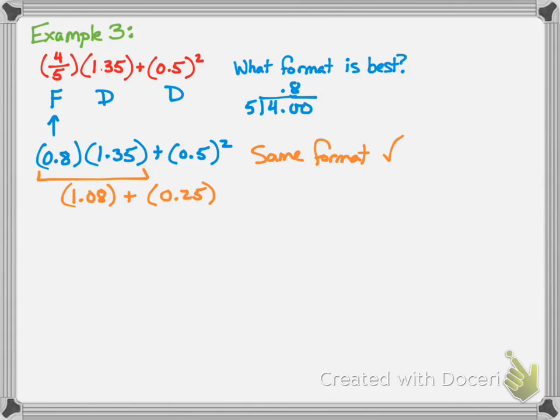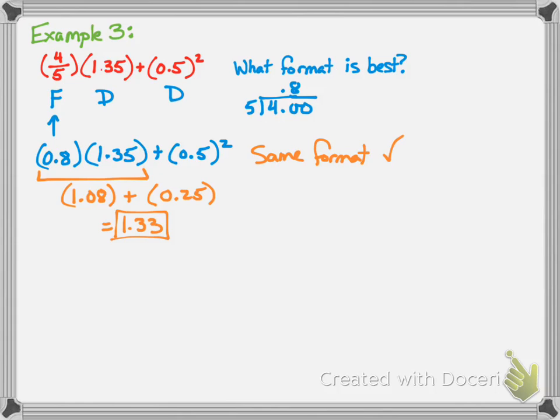If you get to a point where you're converting fractions into decimals and those fractions are repeating, that's not going to be as accurate as we talked about before. So maybe the choice to move everything back into fractions, or to try a different approach, is wiser. But let's finish up with this problem. I have 1.08 plus 0.25. I get 1.33, and that's my answer. It's an exact answer because there were no approximations necessary.